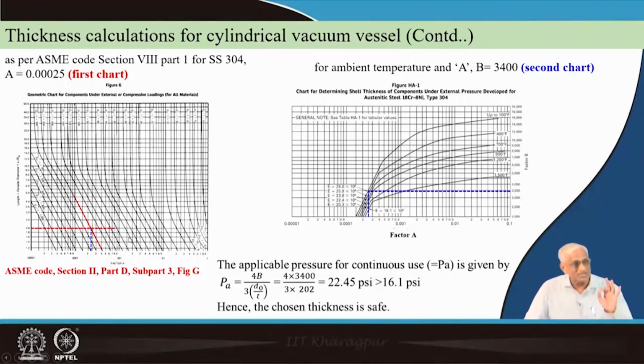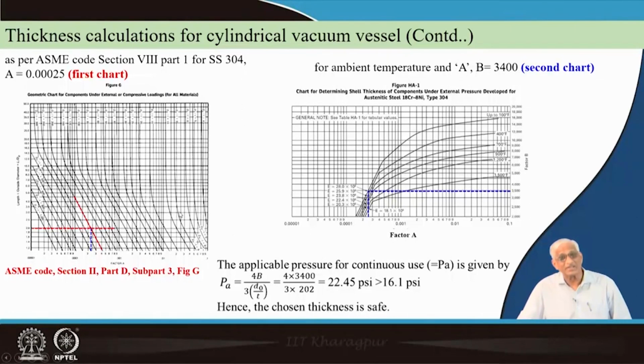This is purely geometry related chart. So, thickness calculation starts from geometry. 3 parameters. One is thickness, that is guessed thickness, which we want to finalize, and d naught, which is the outer diameter, and length for a cylindrical shell. We will see for complicated shapes how to do later.